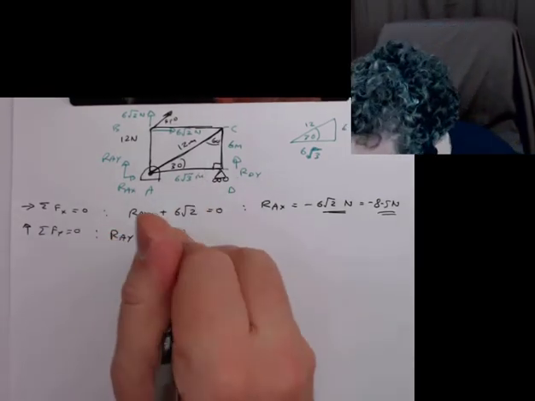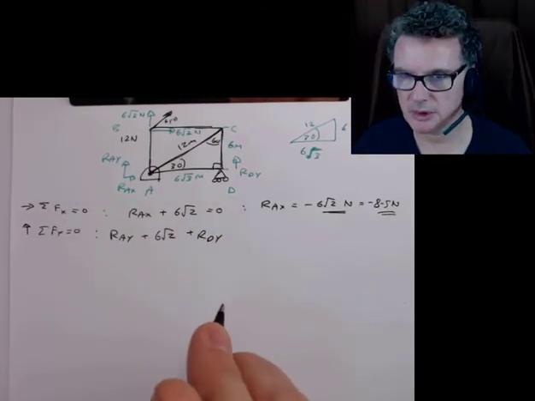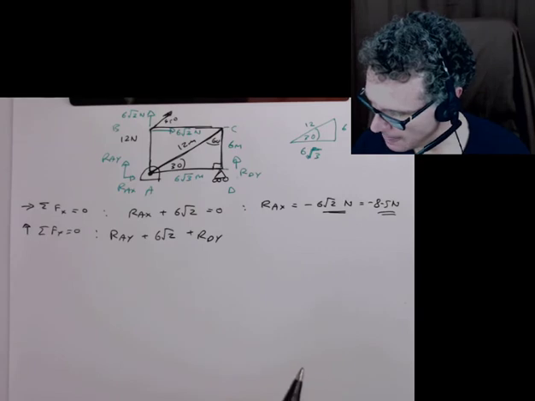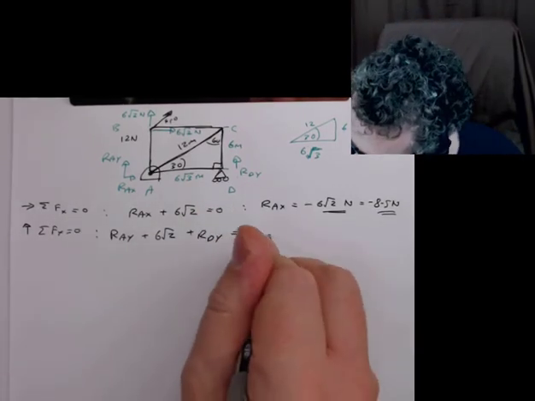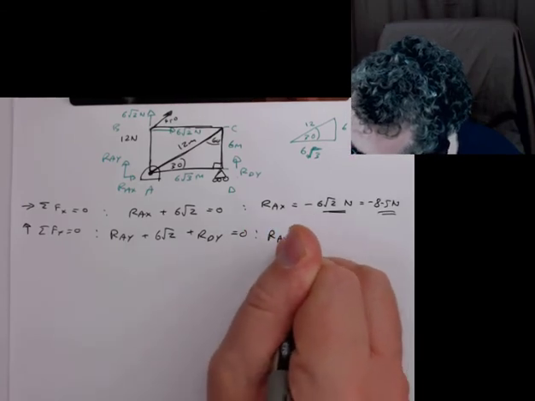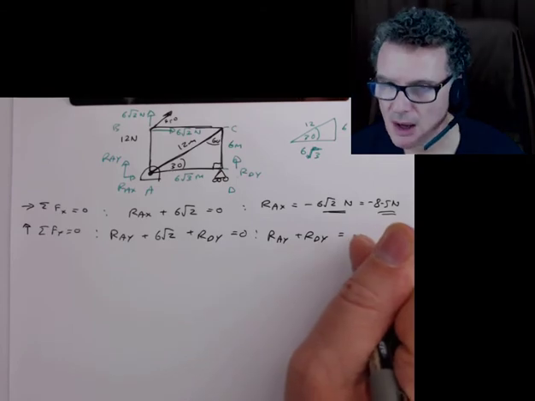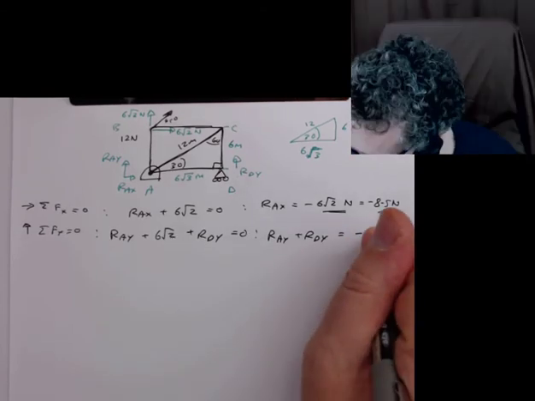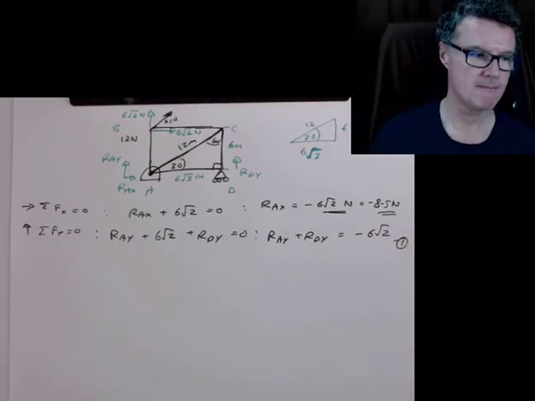I've got this one here, so plus RDY going upwards. I can't see anything else, so it equals 0. So we've got an equation: RAY plus RDY equals minus 6 root 2. That's my equation 1.